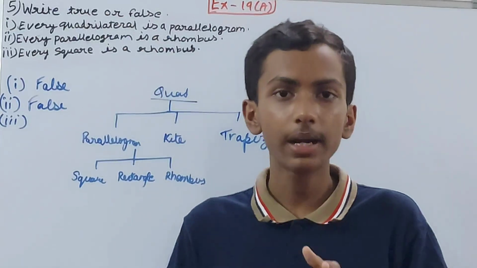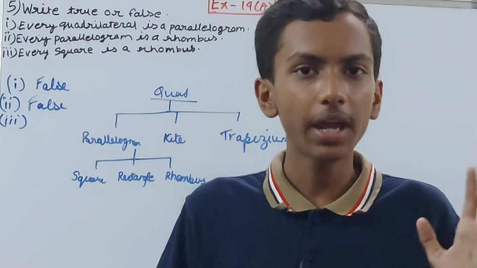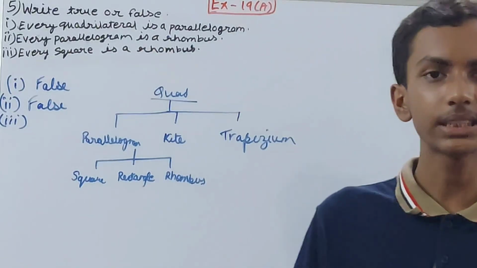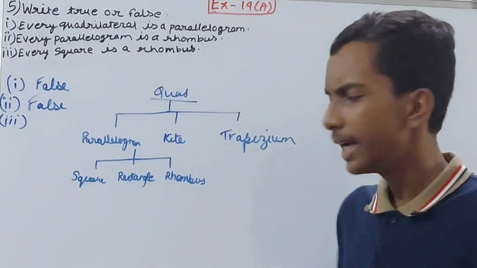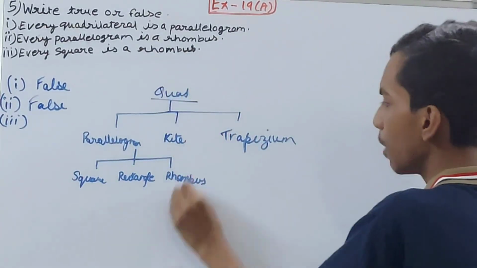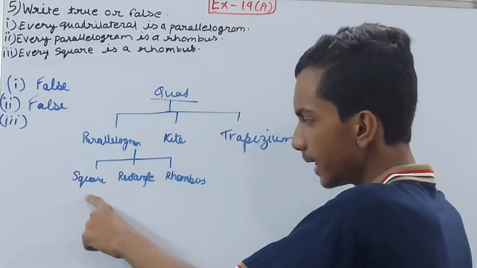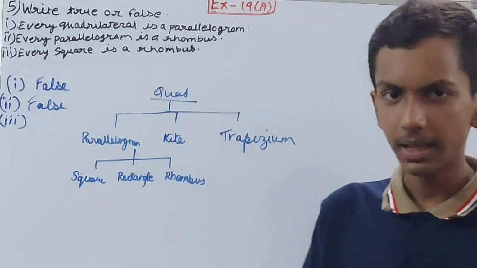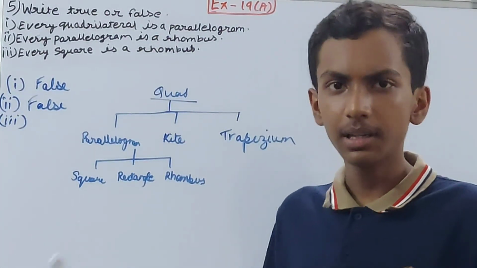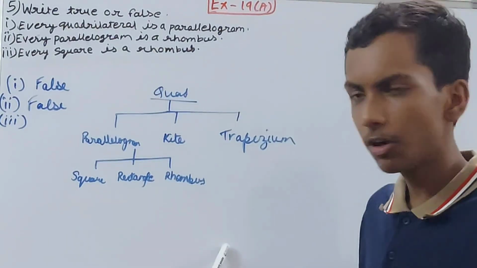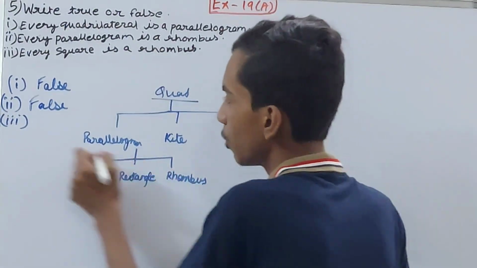All the four sides are equal and the angles are 90 degrees at the corners. So is a square not fulfilling the property of a rhombus? Here it says all four sides are equal, and here it says all four sides are equal. So it is matching. It doesn't matter if the angles are 90 degrees; even in a rhombus nothing is said about the angles. That's why every square is a rhombus.